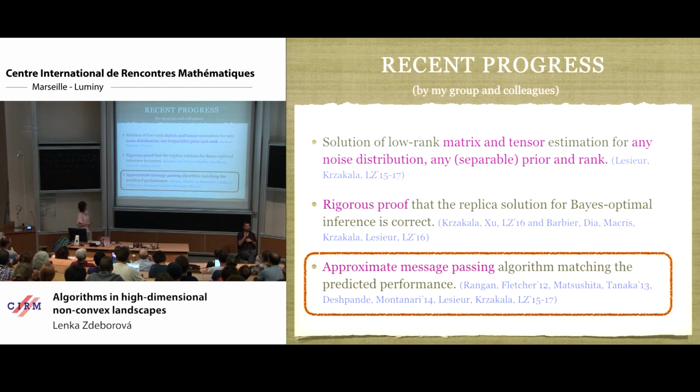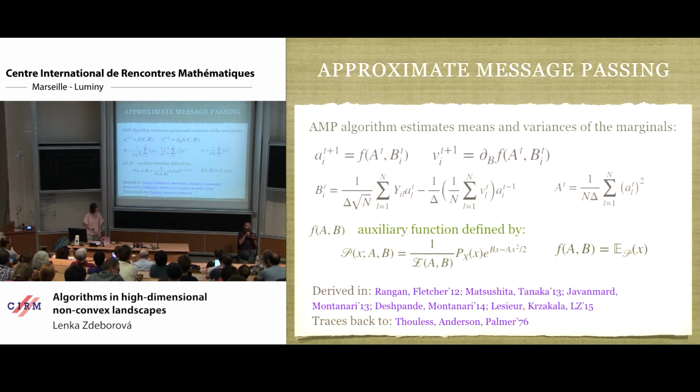And the third point is about these approximate message passing algorithms that match the optimal performance in certain well-defined regions. So this is just a few equations summarizing what such an algorithm does. It's an iterative algorithm that iterates estimates of the marginal means and their variances via a set of equations, where this function f is again related to the product of the prior and a Gaussian.